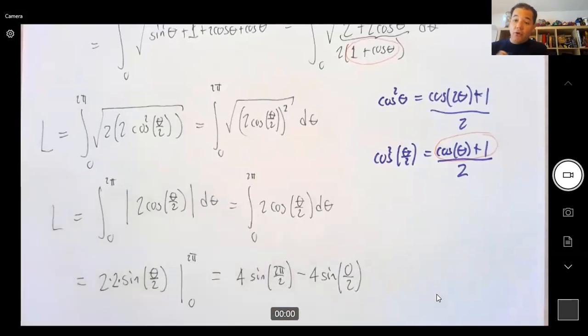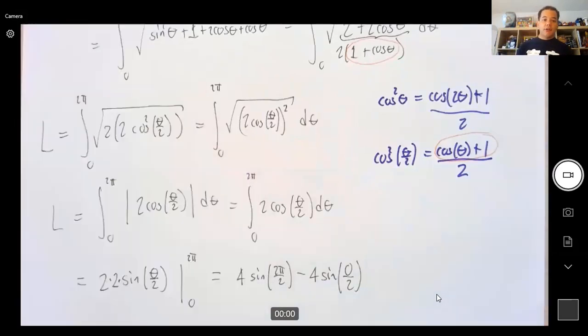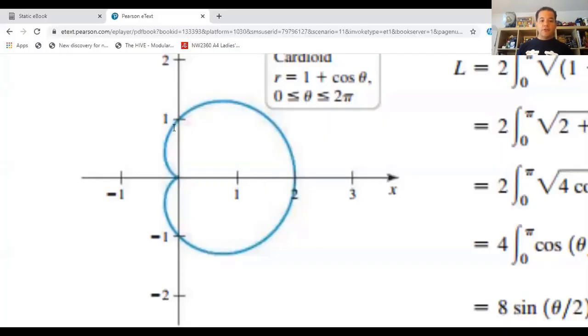So what we can do from the get-go is, instead of doing the entire cardioid, so let me go back to the picture. See, this is the diagram of what we're trying to do. We can use the symmetry, right? By symmetry, we can do it from 0 to pi and then multiply by 2. And so that's what we're going to do.